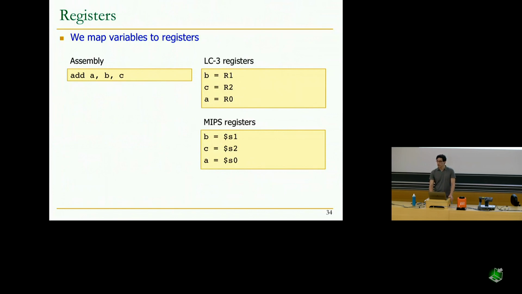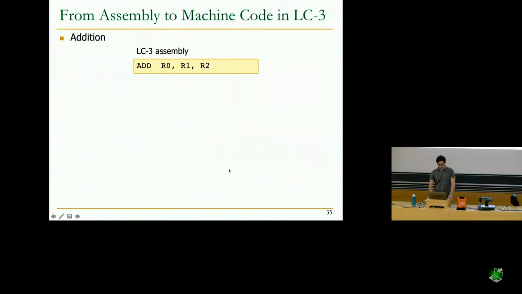In LC3 and in MIPS, we are going to use registers to store these variables, A, B, and C. For example, we could use R1, R2, and R0 in LC3, or S1, S2, and S0 in MIPS.